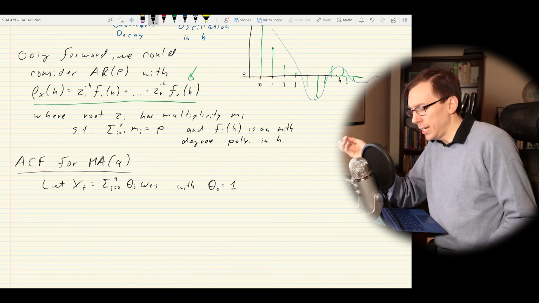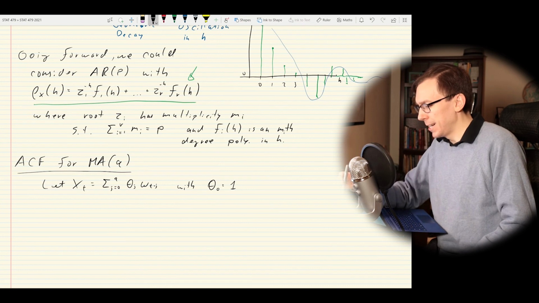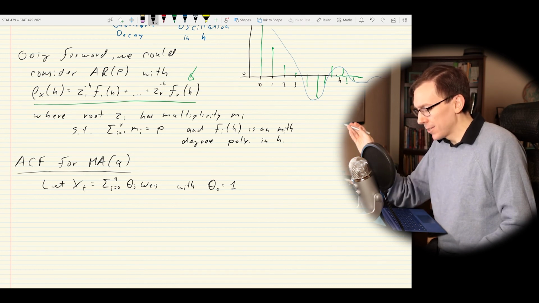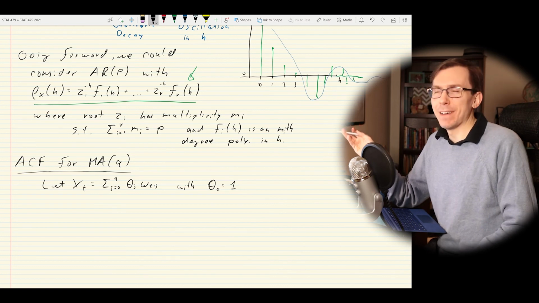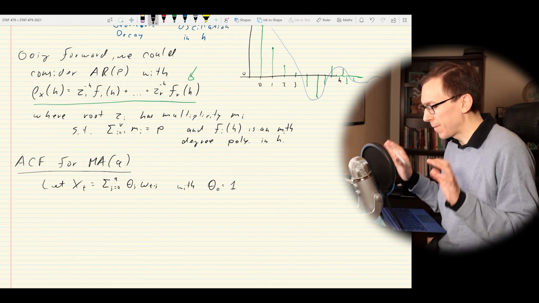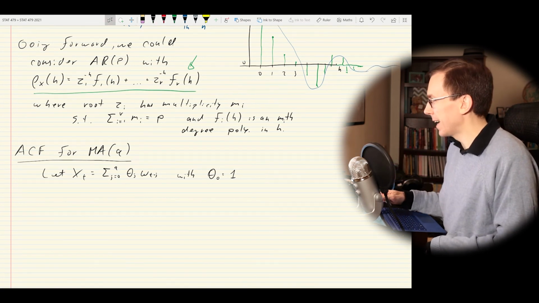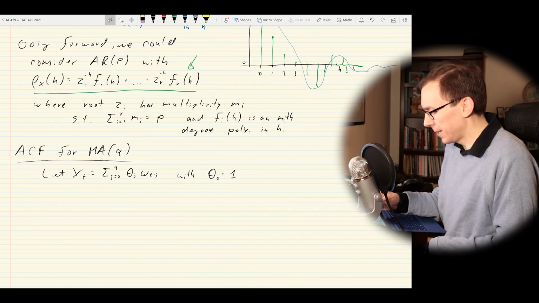We need theta_0 equal to 1 because that's the current white noise term. And everything else, theta is going to be, well, it can be somewhat arbitrary. I mean, we would eventually want to consider things like if we have an invertible process, but for now, we don't have to worry too much about that, because we just need to compute the autocorrelation.